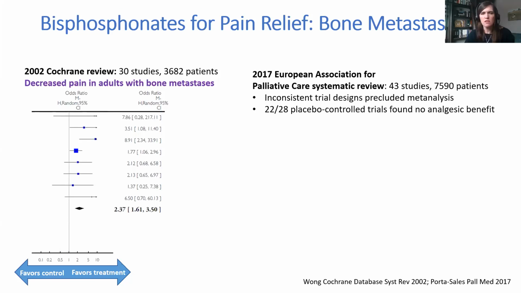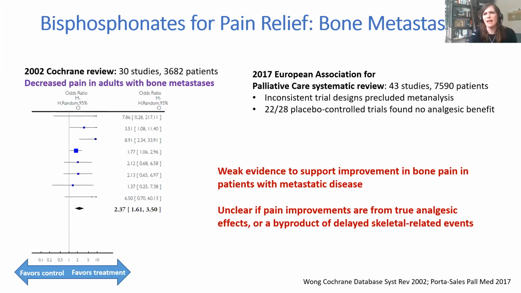So in most of these studies, pain was not a main outcome, and pain was also not typically included in the conclusion criteria. Also, the methods for assessing pain in these studies were really all over the place and very heterogeneous, making it difficult to compare them. However, they did note that out of 28 placebo-controlled studies, 22 of them found no analgesic benefit of bisphosphonates.